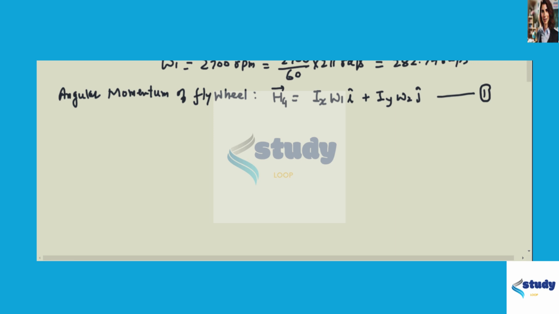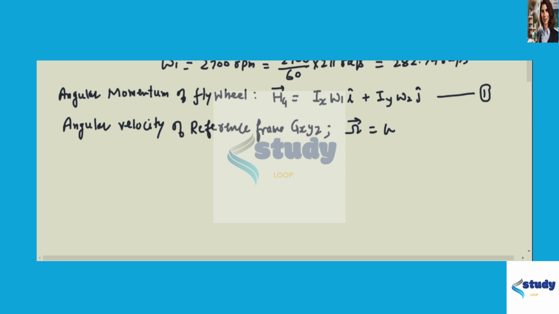Angular velocity of reference frame Gxyz, omega, is equal to omega 2 j cap.